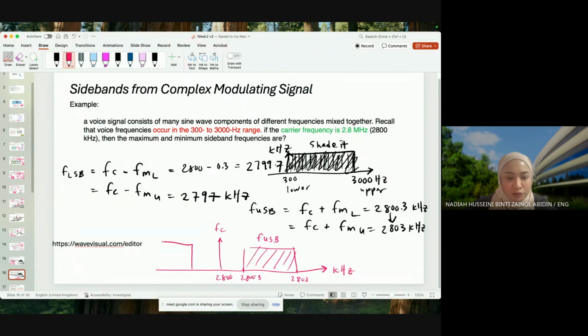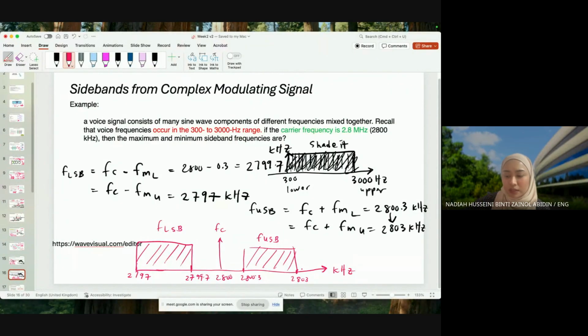Same case over here, you have your FLSB, between 2799.7 and 2797. That is how you calculate if your FM is a range.